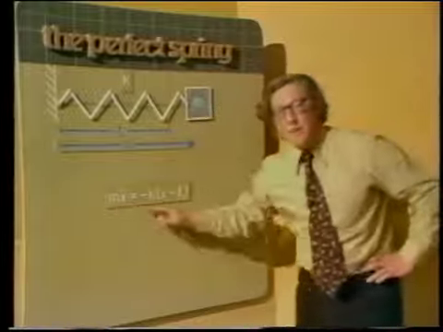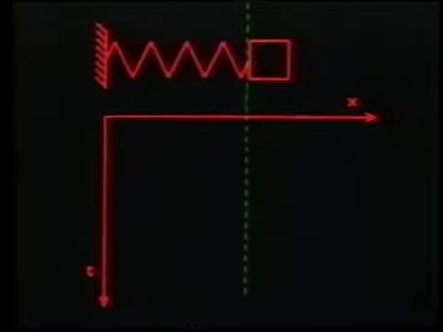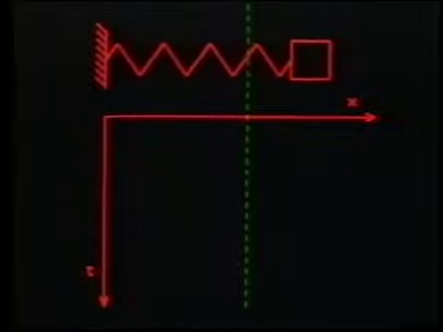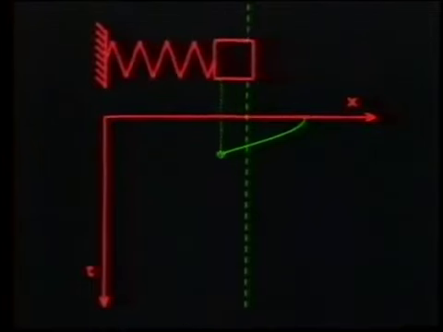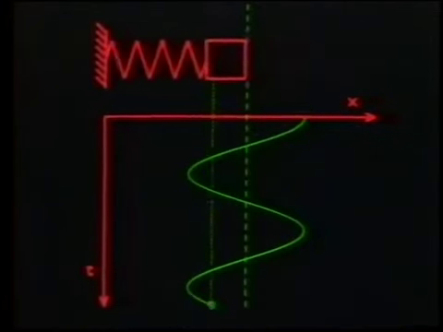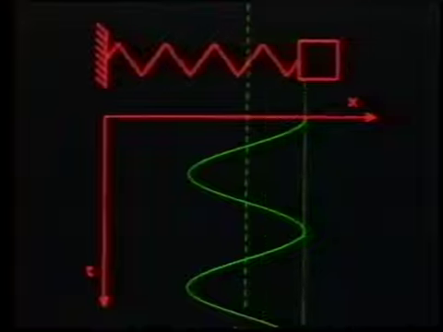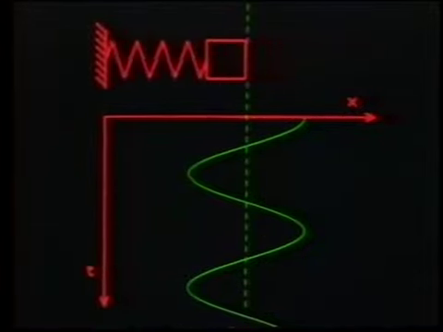Well, what about the solutions to this differential equation? Well, that depends very much on the initial conditions. You can see what the solution looks like if the spring is stretched and the particle released from rest. This shows how the position of the particle varies with time. It's simple harmonic.